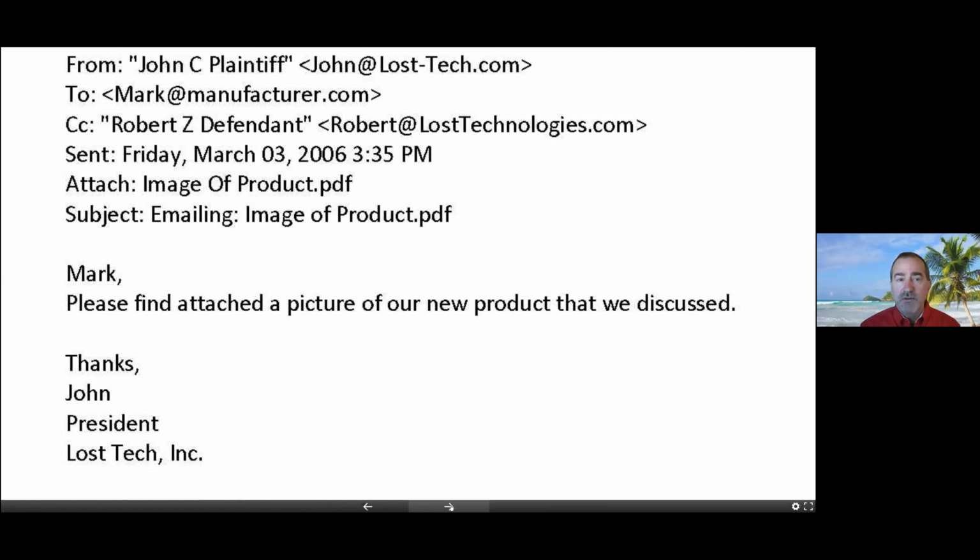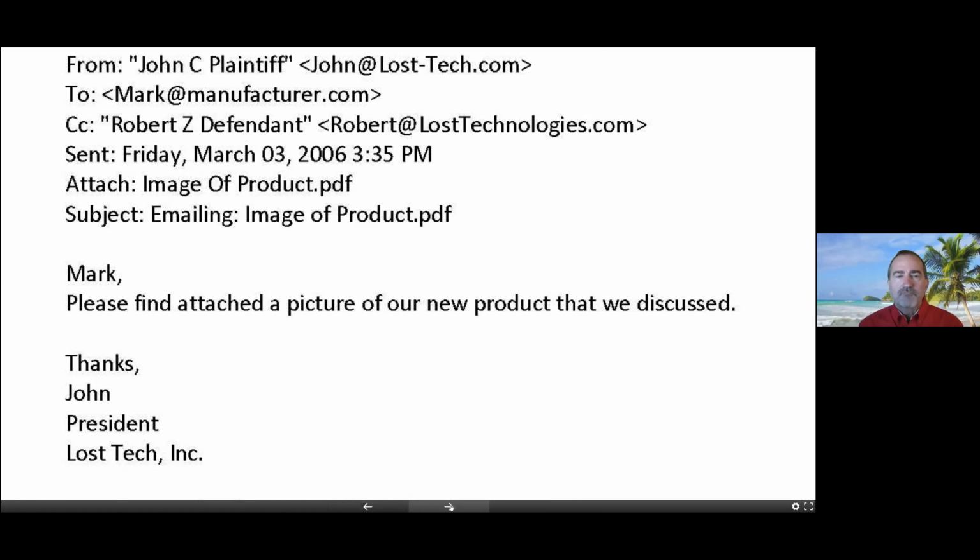This is what we want you to make. Now, what's interesting here is that he copies the defendant, but there's one piece of information that is really key, and that is that in the time frame between when this happened and when we did the investigation, they changed their domain. They changed from Lost-Tech to Lost Technologies.